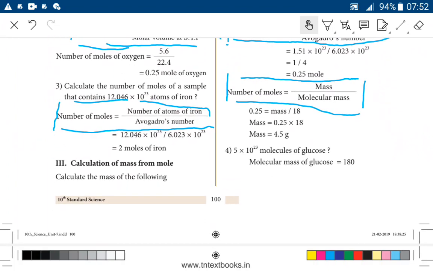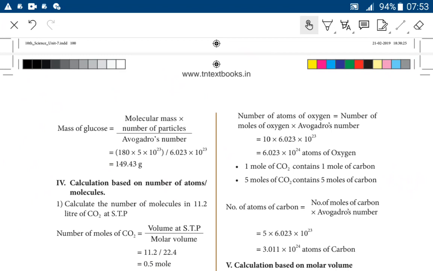Next, 5 into 10 power 23 molecules of glucose. Here also the molecules of glucose are given. So what is the formula for glucose? That is C6H12O6. You have to find out the molecular mass: carbon 12, hydrogen 1, oxygen 16, and the atomic mass into its number of atoms gives its molecular mass. So using the formula, mass of glucose is equal to molecular mass by Avogadro number times the number of particles.